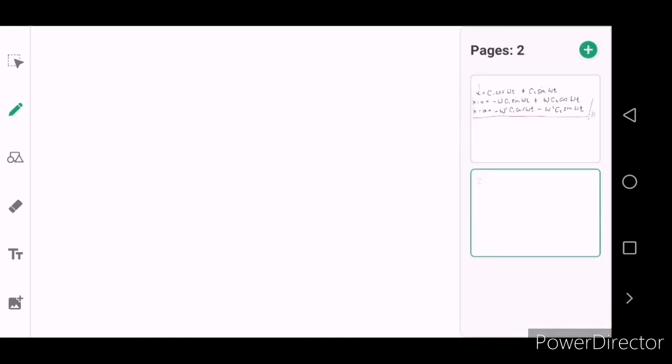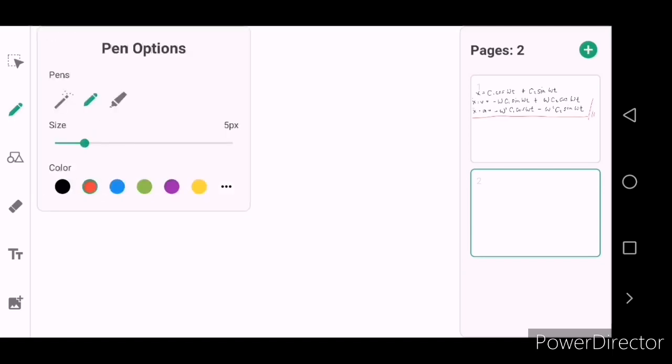Now, the next page, I'd like to talk about amplitude. Lagi niyo siya maririnig. So, what is amplitude? Amplitude is defined as the magnitude of the vibration.